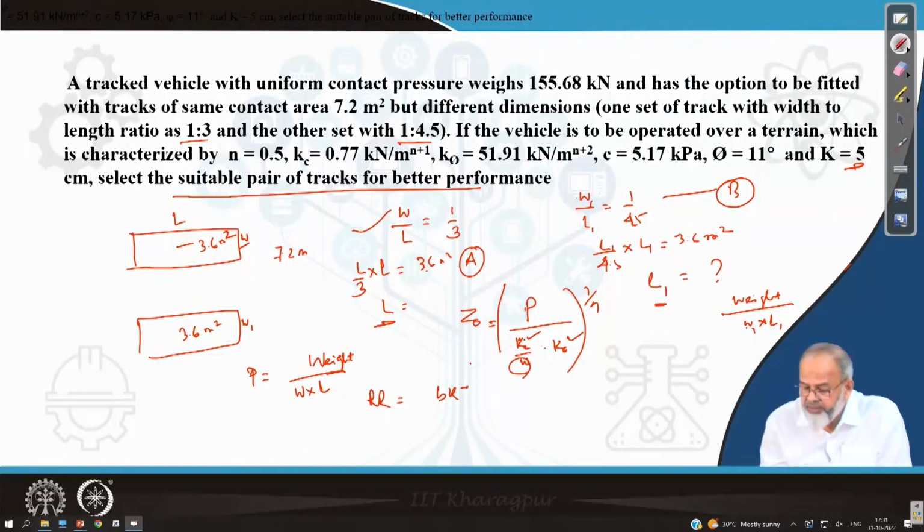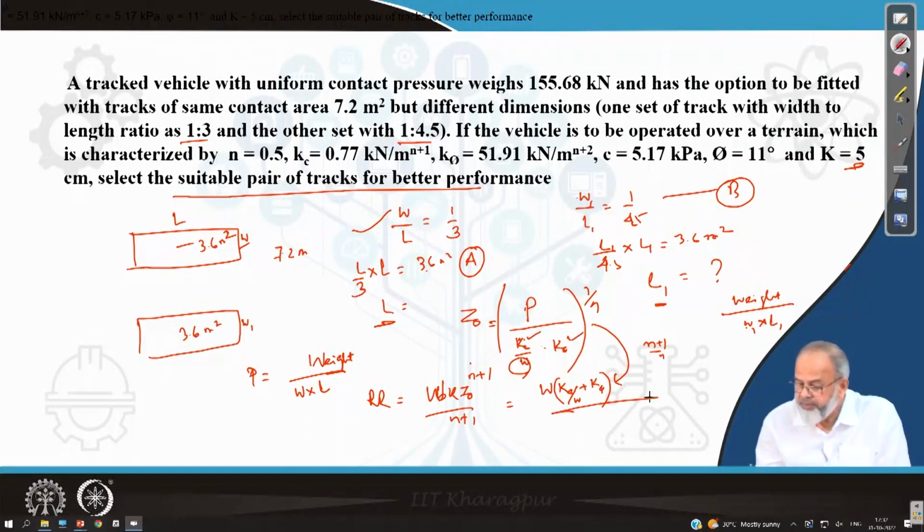So B means W, K, Z0 raised to the power n plus 1 by n plus 1. K is nothing but Kc by W plus K phi, and Z0 you can substitute here, raised to the power n plus 1, divided by n plus 1.